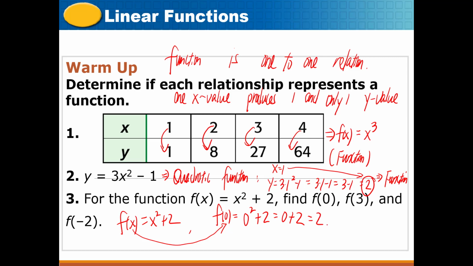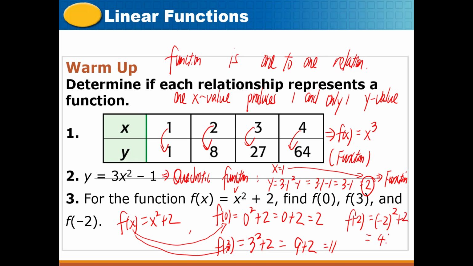For f of 3, the x value becomes 3, so go back to the function and replace x with 3. 3 squared plus 2 is 11. For f of negative 2, we get negative 2 squared plus 2. Negative 2 squared is 4, plus 2 is 6. Again, it's a function because one x value creates only one y value here.